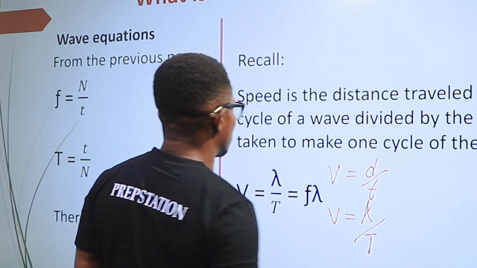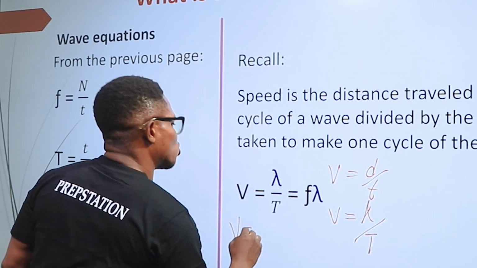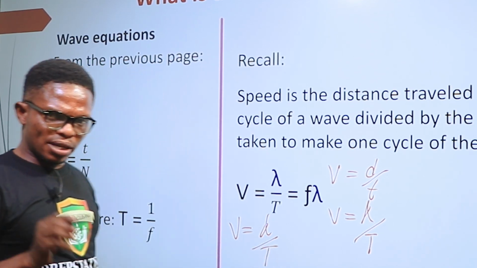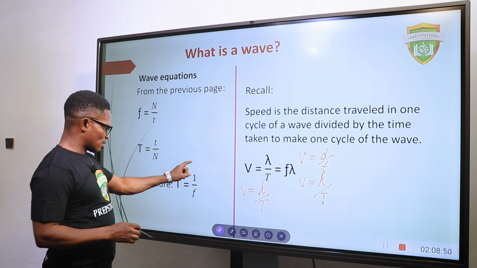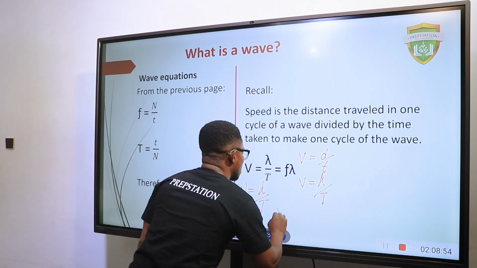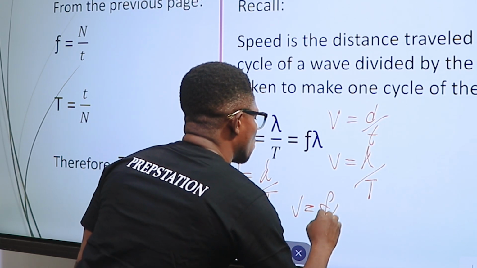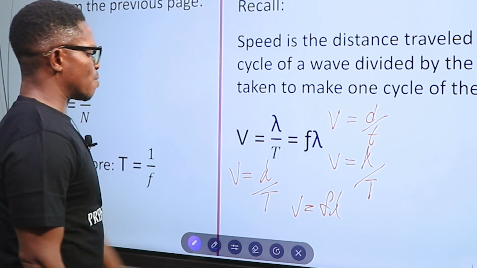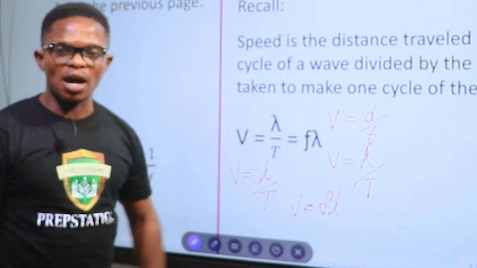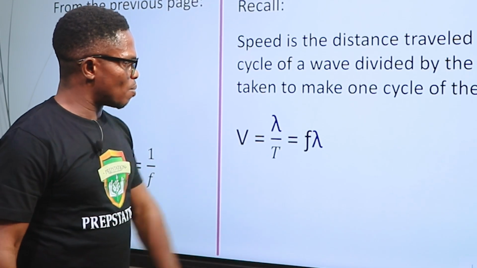So this is T. So the formula for wave speed is lambda over period. But then, because T is equal to 1 over f, then I can flip this. And so this formula will now become v equals f lambda, because T is the same thing as 1 over f. So that is how we arrive at these two formulas.